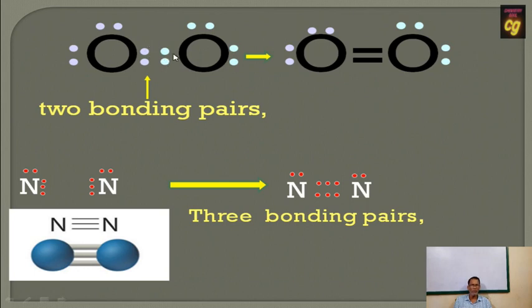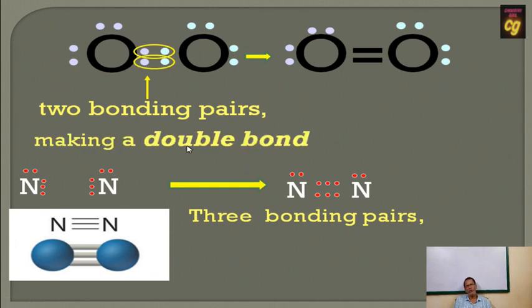After formation of the double bond, the non-bonded electrons remain: the first oxygen has 2 pairs of non-bonded electrons and the second oxygen has 2 pairs of non-bonded electrons, and both form a double bond by contributing 2 electrons each, and this shared pair of electrons.